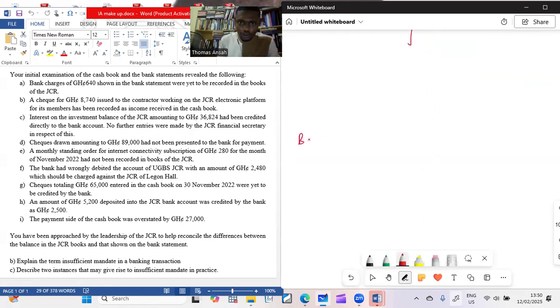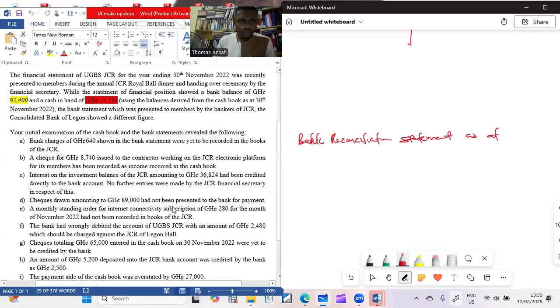Do the template for your bank reconciliation statements as at this one ends in November, so 30th November 2022. So don't waste time, fast.